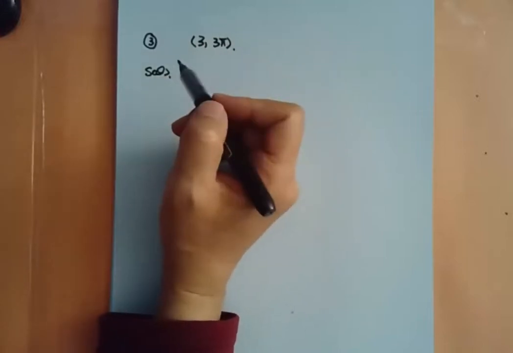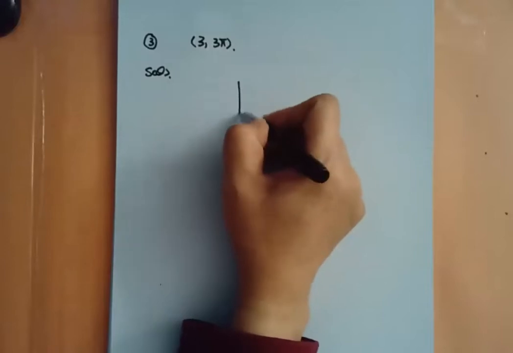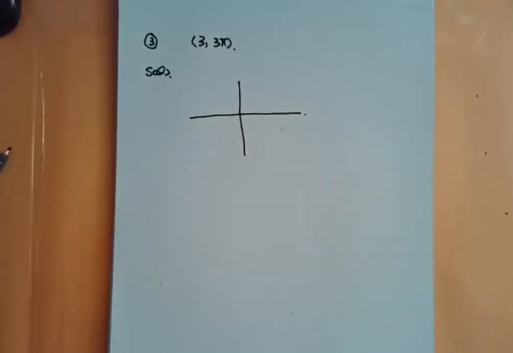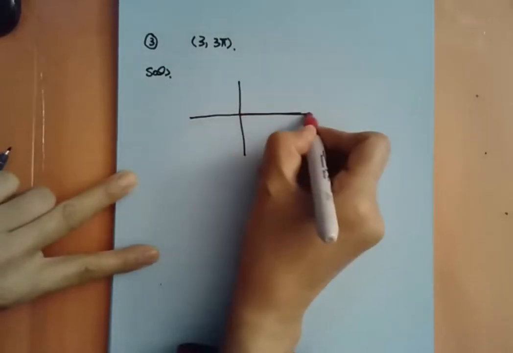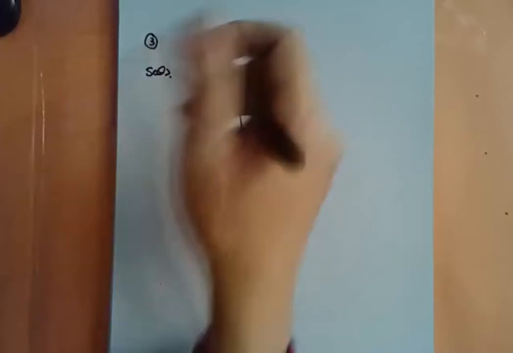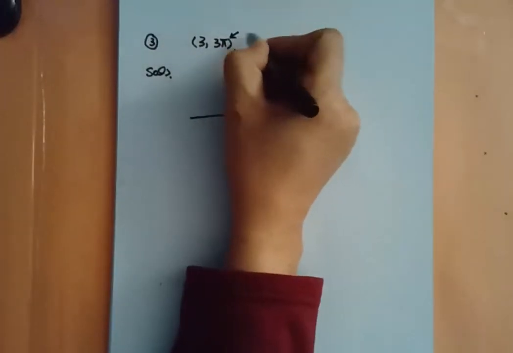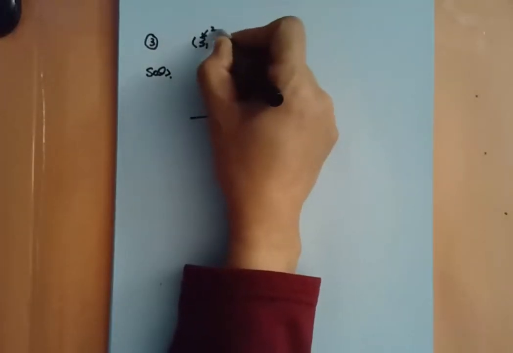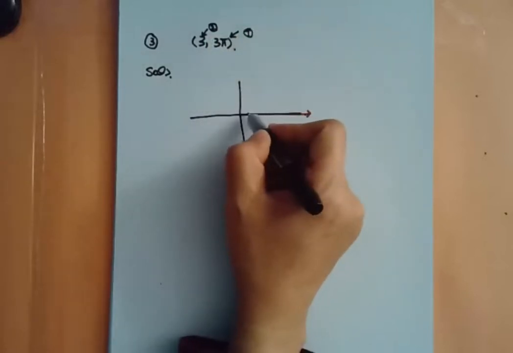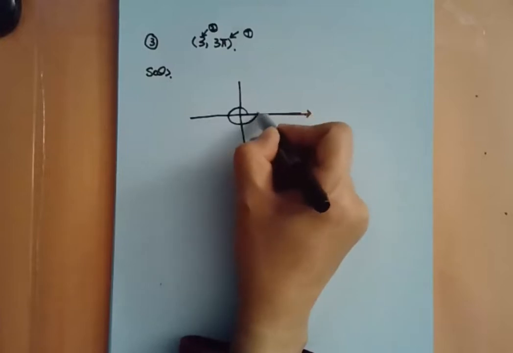The next one is about 3 and 3 pi. So again, we will think about the angle location and then we will think about the oriented distance. So that is 3 pi. So this is pi, 2 pi, 3 pi.